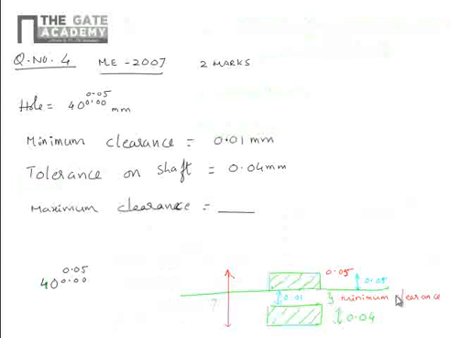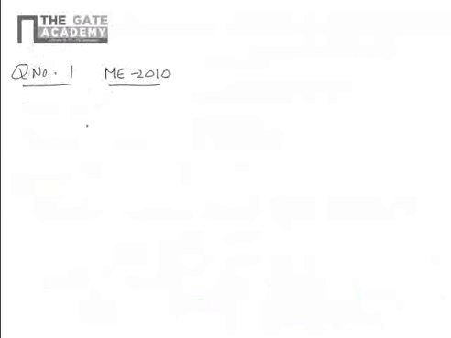Question number 1. GATE 2010, 2 marks question. The question he has given is: a shaft has a dimension of 35 minus 0.09 minus 0.025.